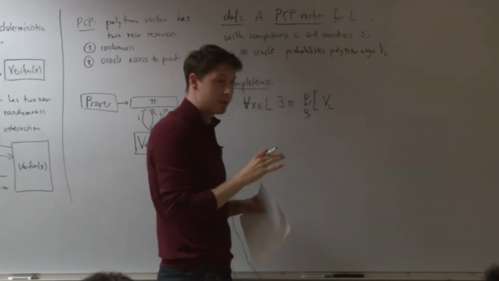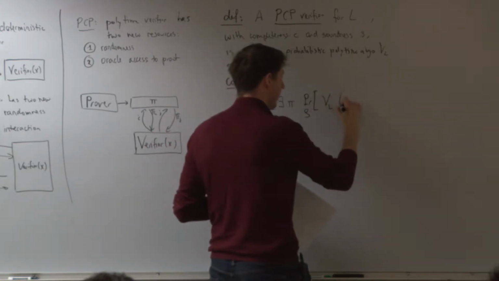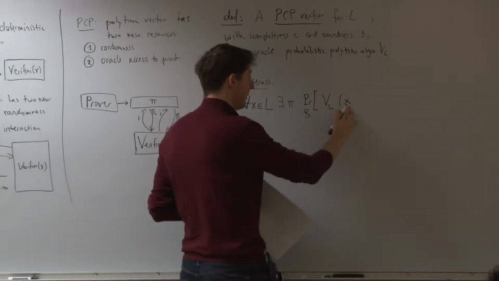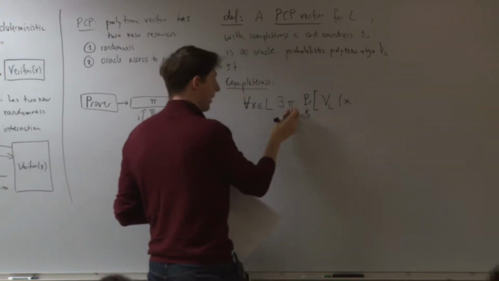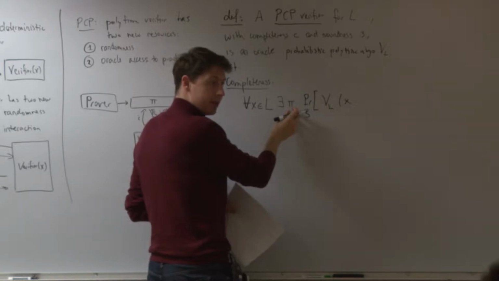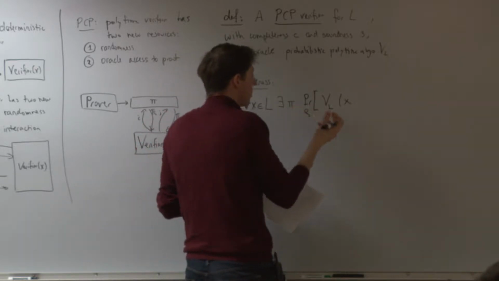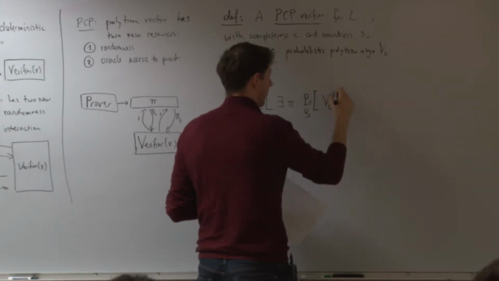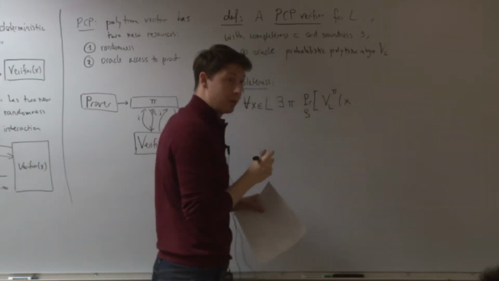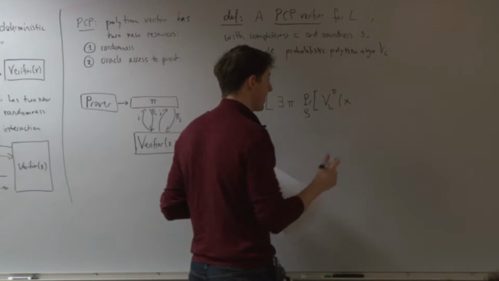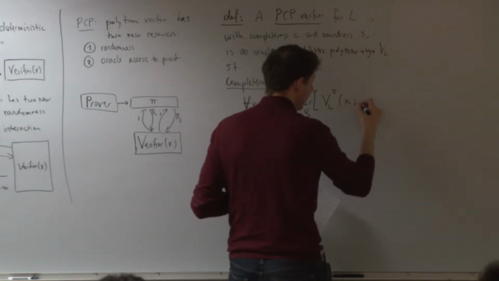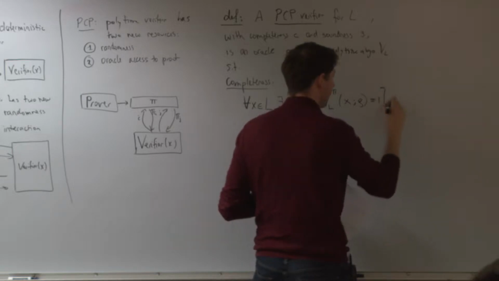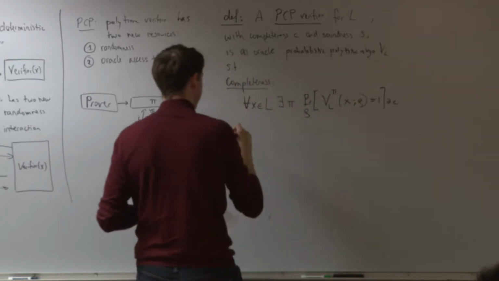Now it receives inputs in different ways, right? So the theorem it checks, it just reads it the normal way. So I'm going to put it there, okay? Now the access to the string is an oracle access, right? So you can sort of ask questions to it. So we're going to put it in the superscript to denote the fact that it's a different type of access, okay? And then it also has its own randomness tape, okay? And we say that the probability that it accepts is at least C.